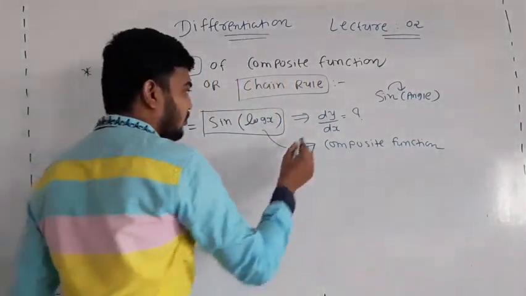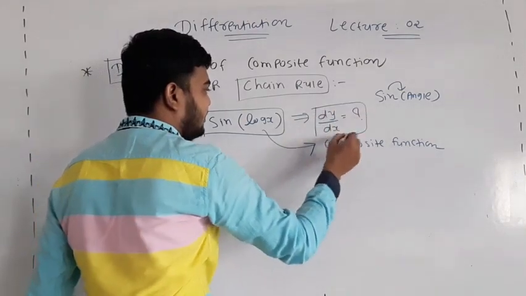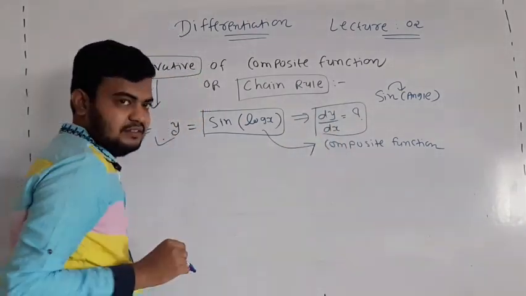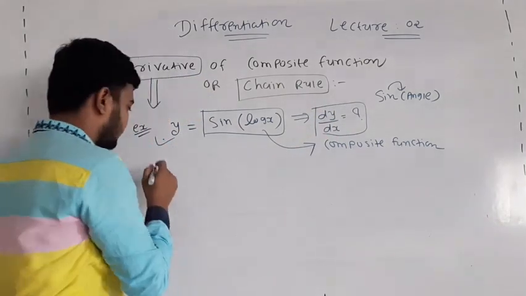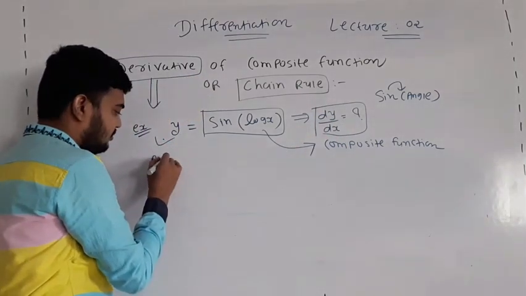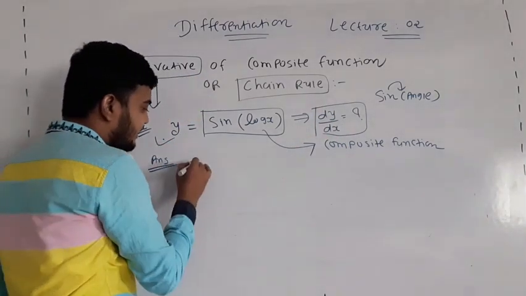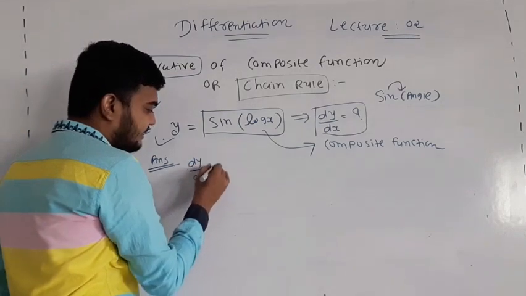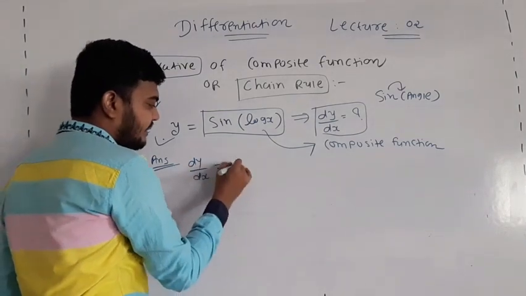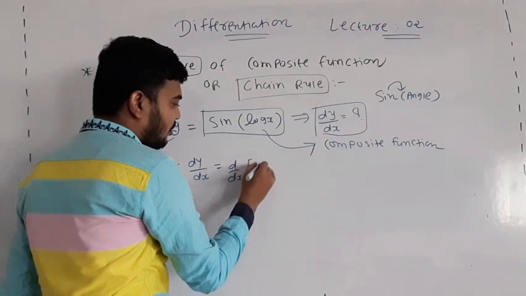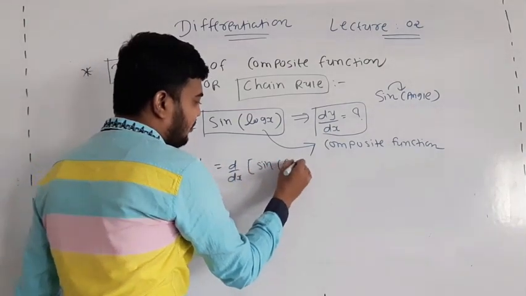So how do we differentiate this function? So dy by dx is equal to, put the value of y, then d by dx of sine of log x.